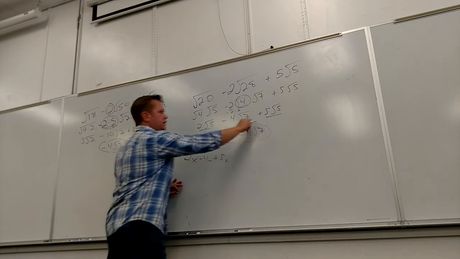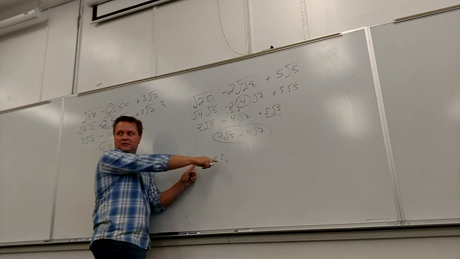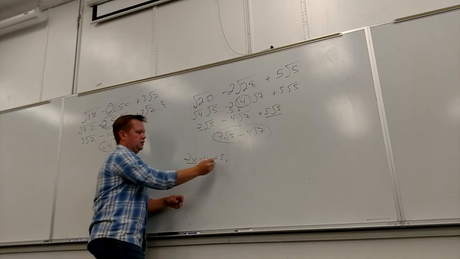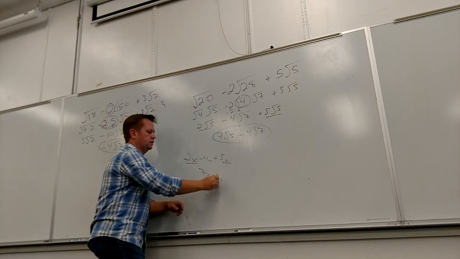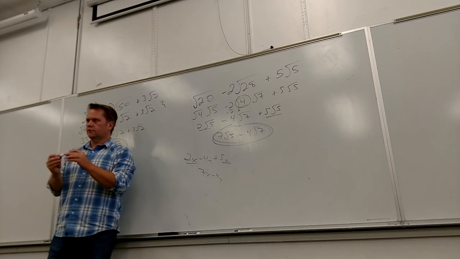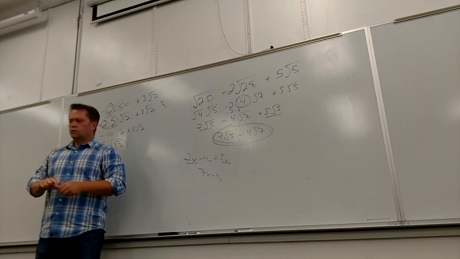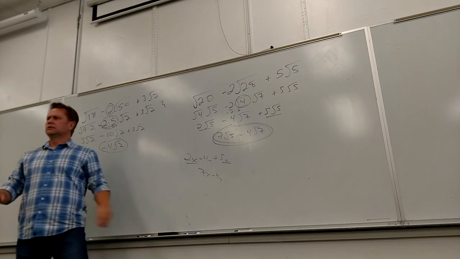Because I don't know any of these, but I know that this unknown and that unknown are the same. So this would be 7x minus 4y, which is basically the form we got. 7 something minus 4 something else. Same thing. I like it.